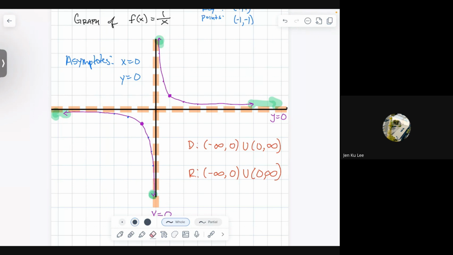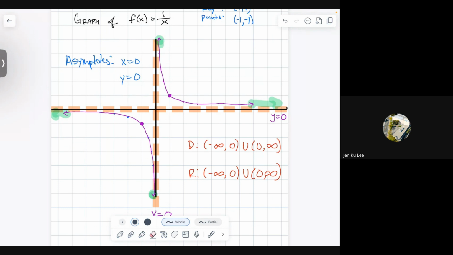When I stretch it, will my asymptotes be affected with a stretch? 1 for yes, 2 for no, 3 for I don't know. If you stretch a line, will it get thicker? No, right? A line is a line is a line. And it goes on forever. So even though you stretch it out, it won't do anything.